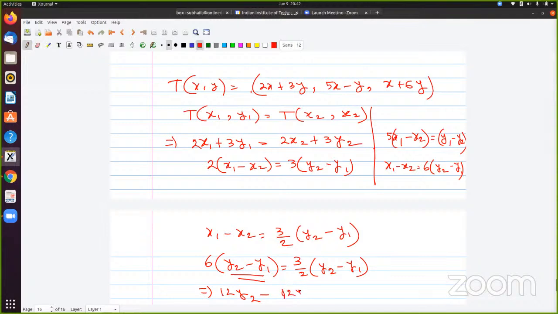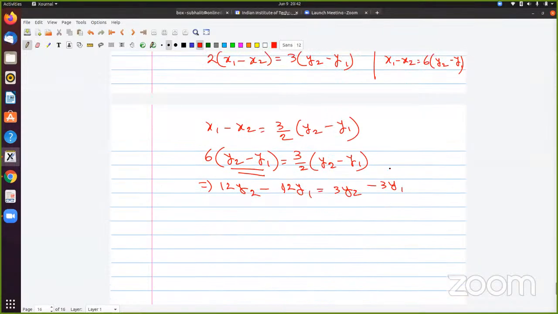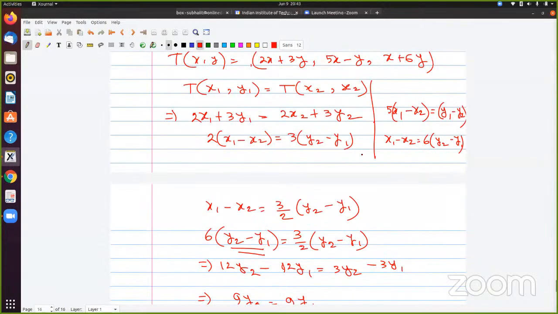So 12y2 minus 12y1 is equal to 3y2 minus 3y1. Then basically it's 9y2 is equal to 9y1. So y1 equals y2, and if you put it in any of the equations, you will get x1 equal to x2. I made the mistake of cancelling y2 minus y1.